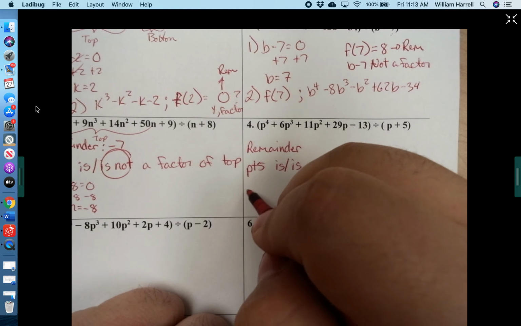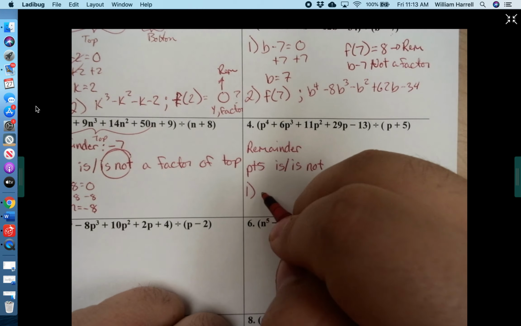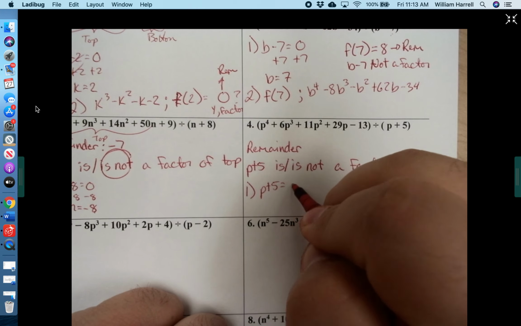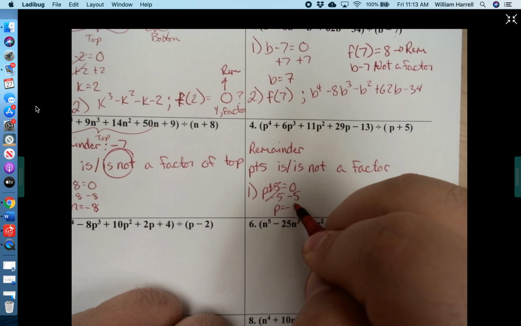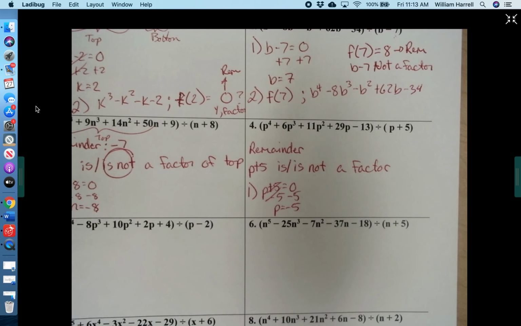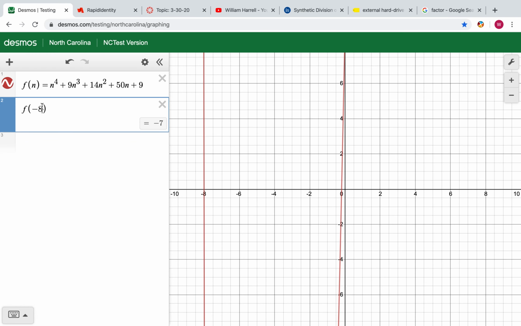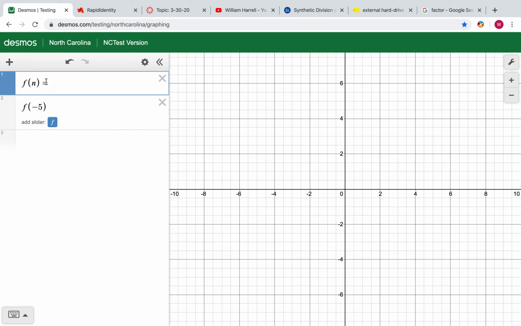Here we go. First step, p plus 5 equals 0. Subtract 5 from both sides. When I do, p equals negative 5. When I do p equals negative 5, I'm going to plug that in. I'm going to evaluate it. So, f of negative 5. Another thing here, slow down, like y'all are extremely, extremely smart.